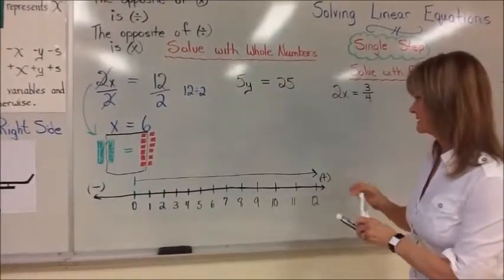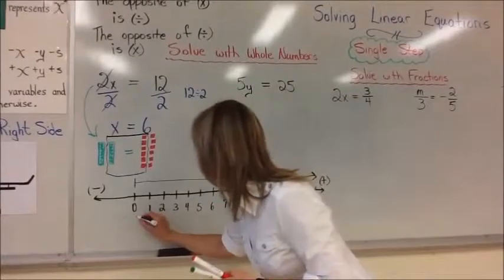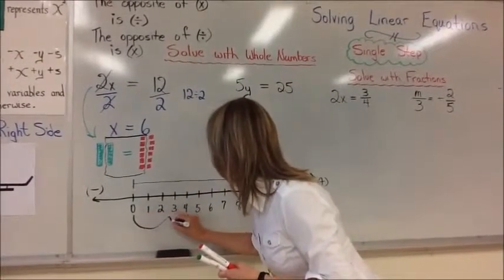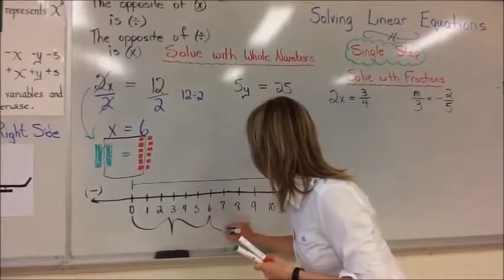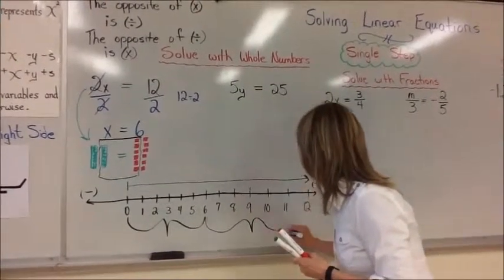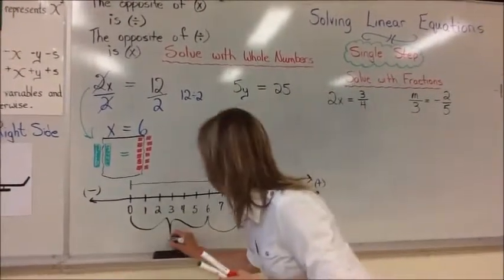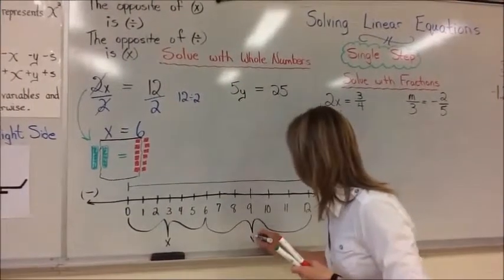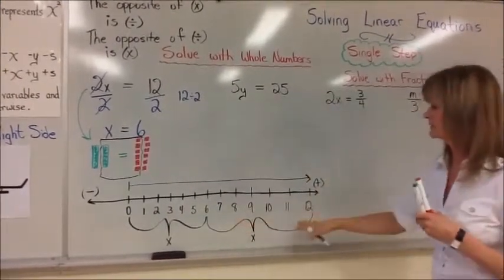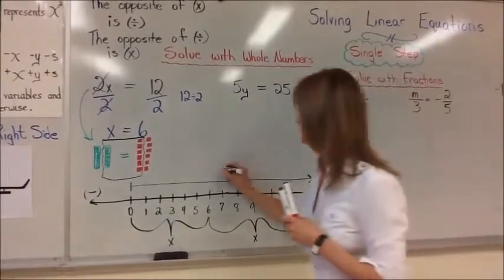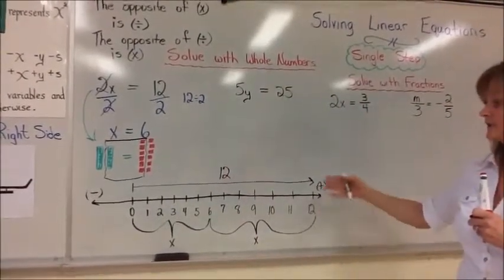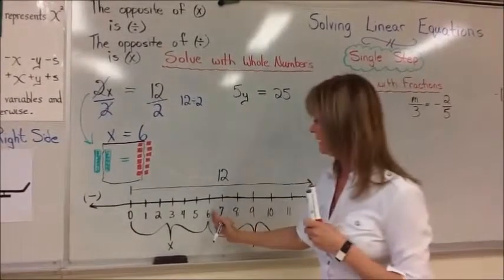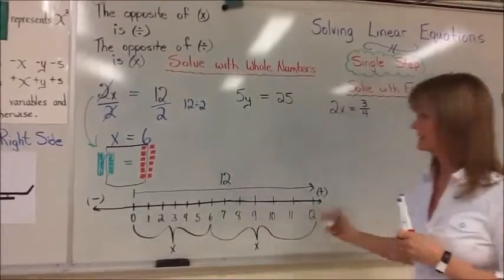We know that 1x is going to be to there, and the other x is going to be to there. So you have your 2x, and this is your 12. If you take a look visually, you will know that 1x in particular represents 6.